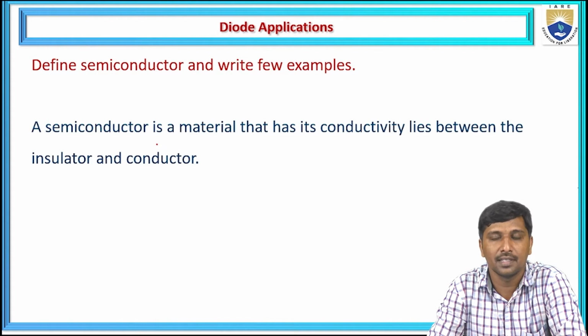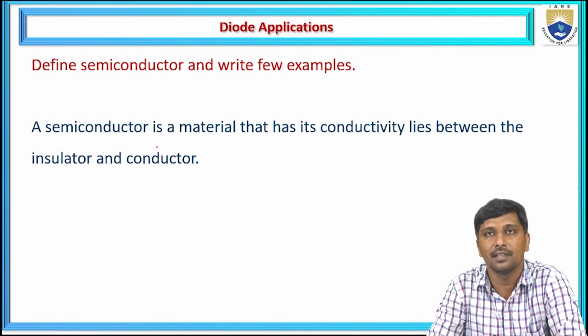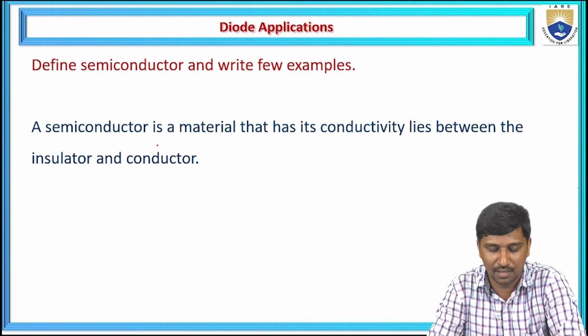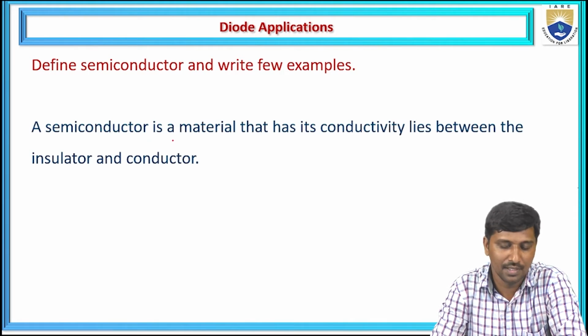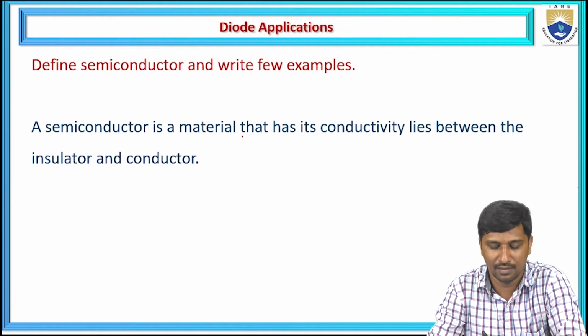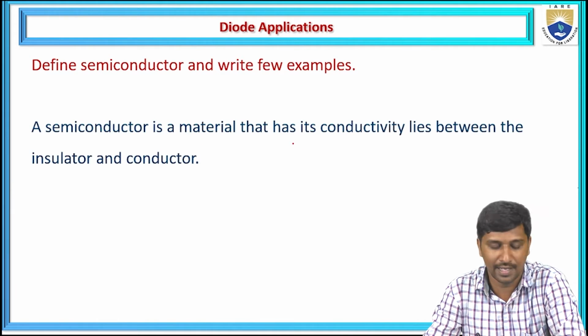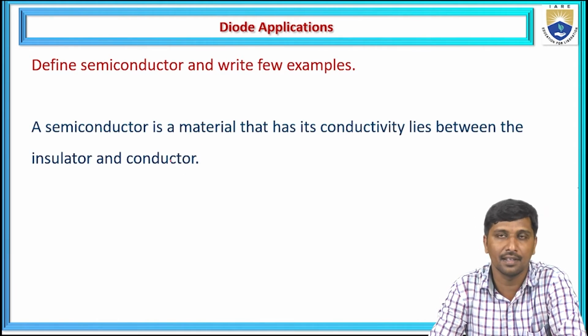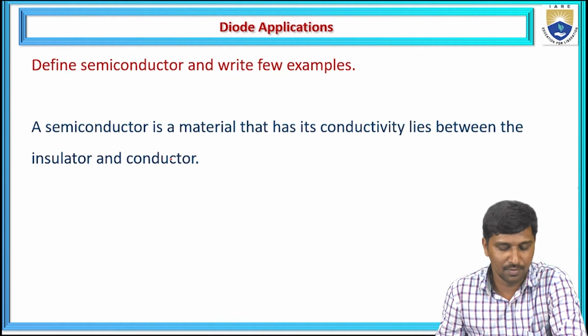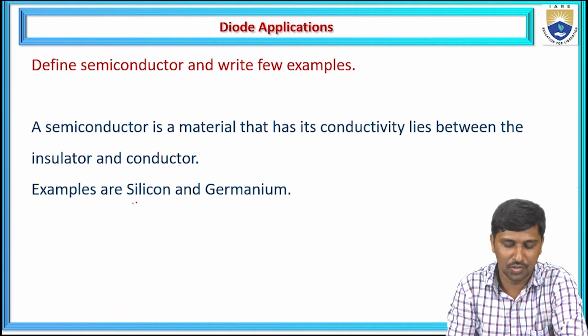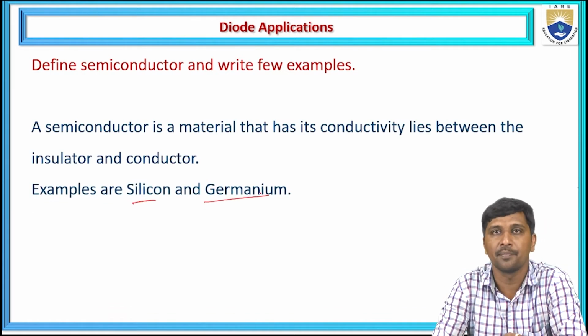A material that lies in between conductor and insulator is called a semiconductor. It also allows conductivity, it has some conductivity of its own. So a semiconductor is a material whose conductivity lies between that of an insulator and a conductor. The best examples are silicon and germanium.